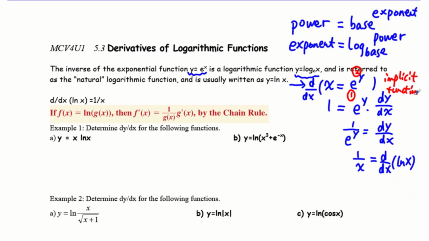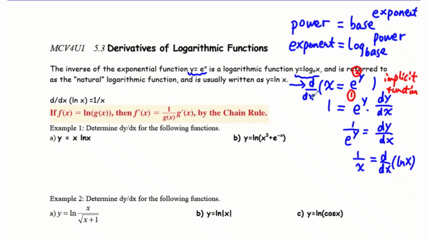You just do the derivative to both sides, and when you have the variable y, you do the derivative of y, and you get the derivative of the function with respect to x. And this method could be applied to related rates.